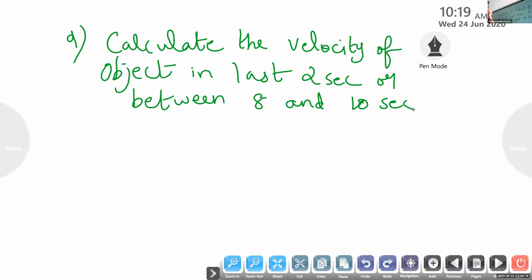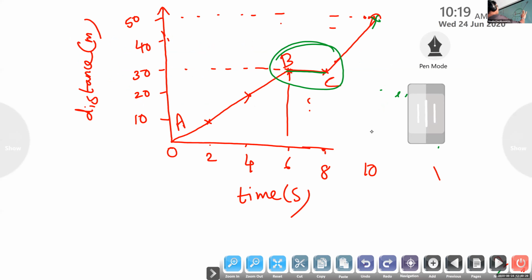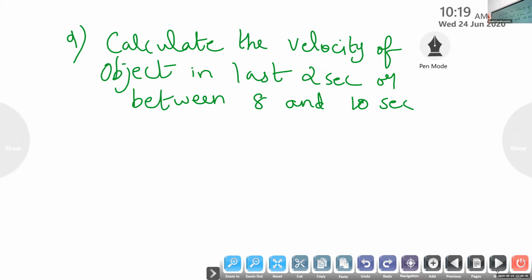Did you copy that? Yes, ma'am. Okay. So I am coming back to the diagram again. Ma'am, can you show the question? Okay, I'll show. 1 minute. Read this: calculate the velocity of the object in the last 2 seconds, or between 8 and 10 seconds.